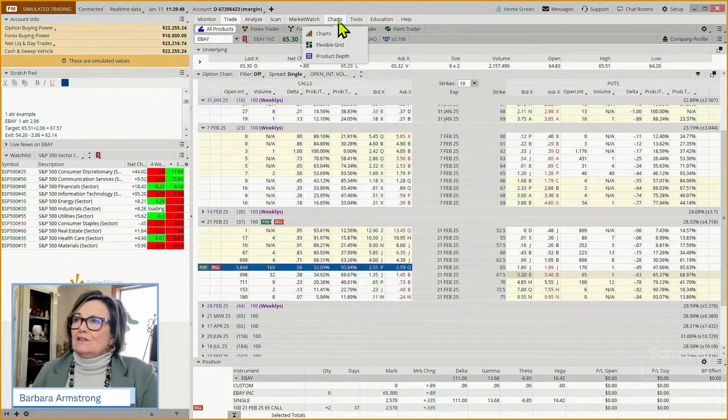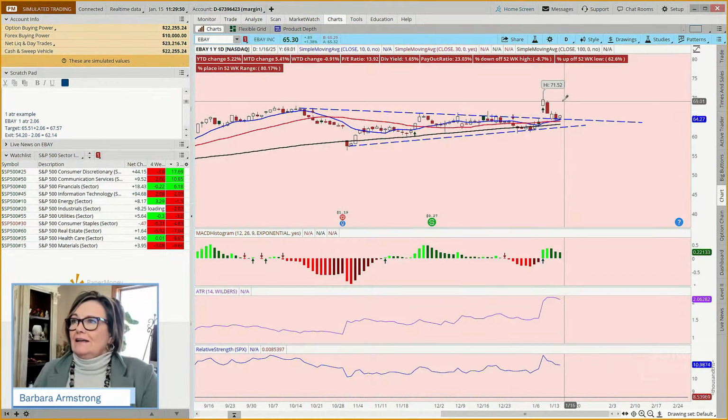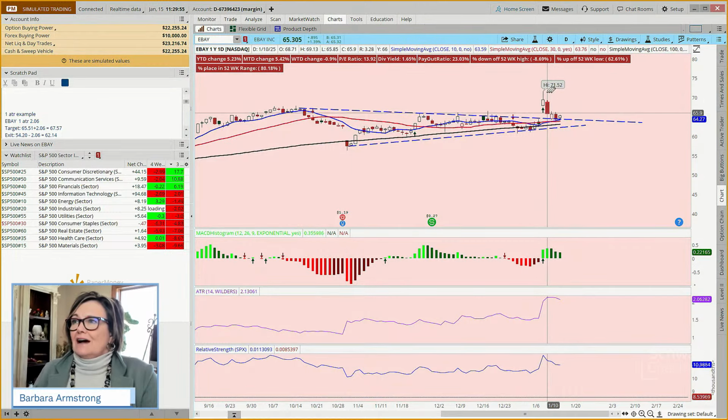Well, what if we wanted to do this as a stock trade, as a swing back up to this previous high? Let's say we make it $71. Well, in this account, we don't want to do more than a $5,000 position.